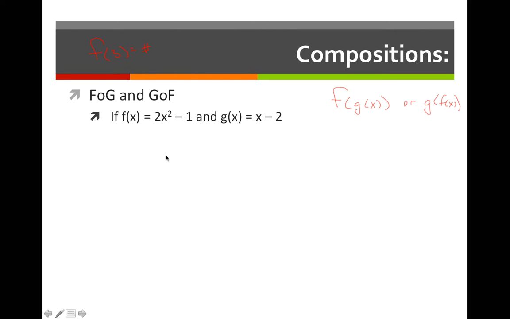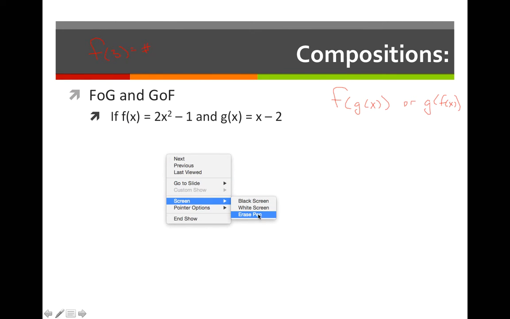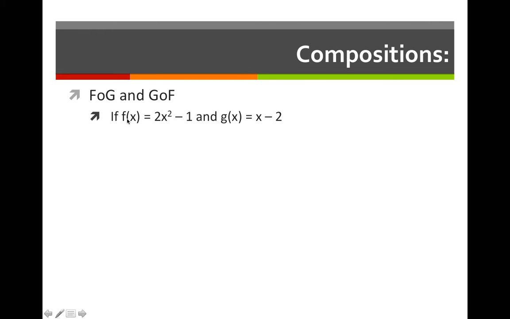So if I was to look at something like this, f of x is defined by the function 2x squared minus 1, and g of x is defined as x minus 2. If I wanted to find f of g and g of f, they're two separate questions. So let's start with f of g of x.